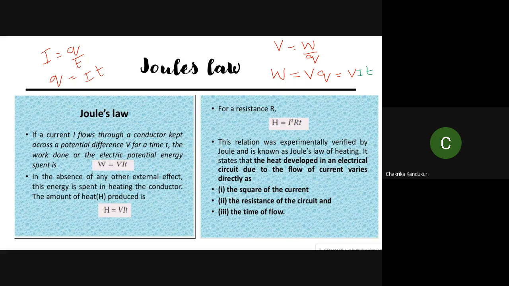We substitute Q is equal to IT and W is equal to VQ. Therefore, we get W is equal to VIT.